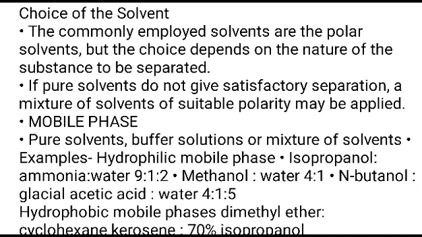Mobile phase. Pure solvents, buffer solutions or mixtures of solvents are used as a mobile phase. Examples of hydrophilic mobile phase are isopropanol, ammonia, water in 9:1:2 proportion; methanol and water in 4:1 proportion; n-butanol, glacial acetic acid and water in 4:1:5 proportion.